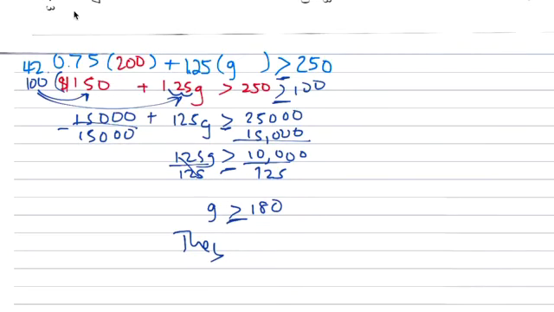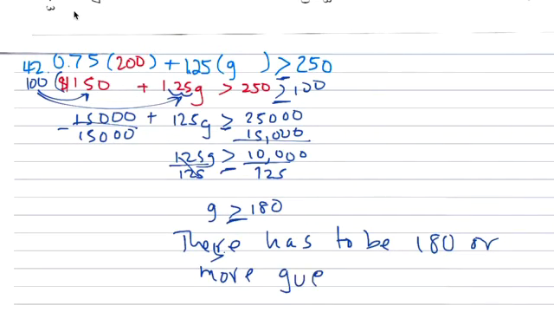To break even, there has to be 180 or more guests to pay the permit.